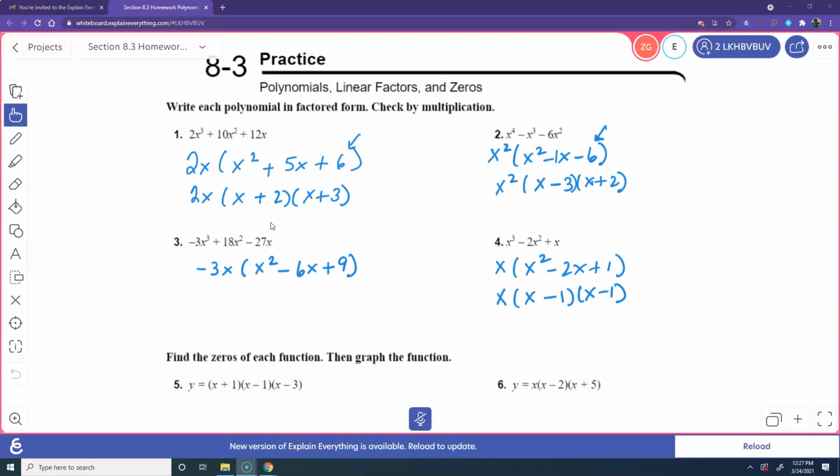Negative 3x times negative 6x gives you positive 18x squared. And negative 3x times x squared gives you x cubed. So you have negative 3x parentheses x minus 3 and x minus 3, because negative 3 times negative 3 gives you positive 9, and negative 3 plus negative 3 gives you negative 6 when you add.